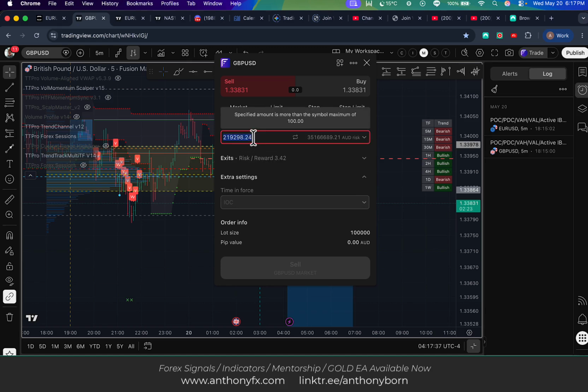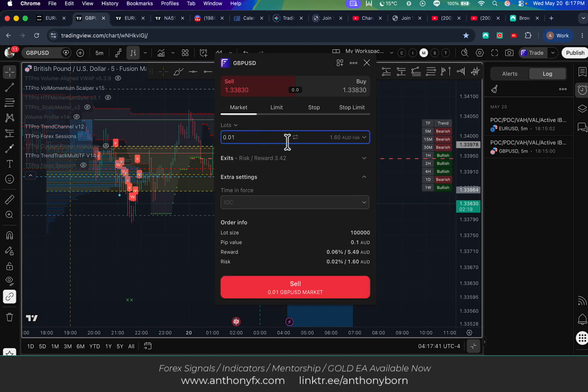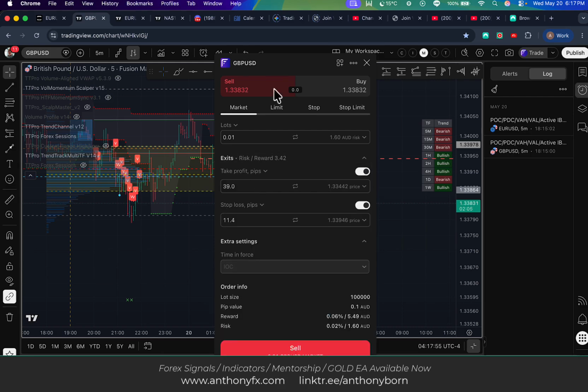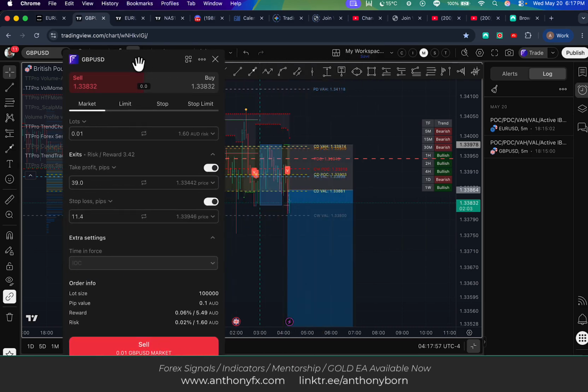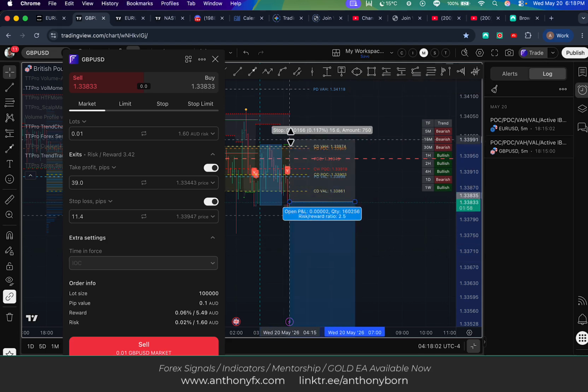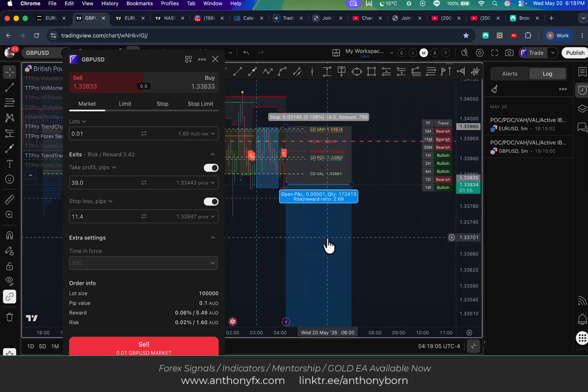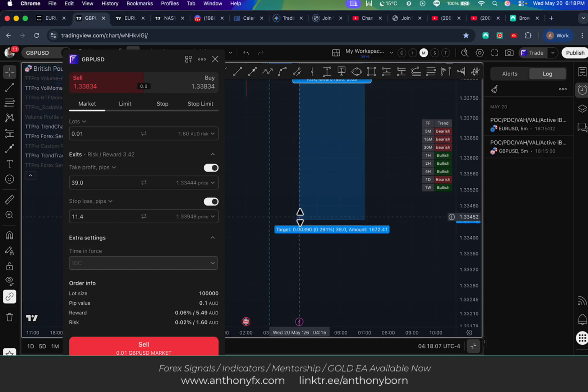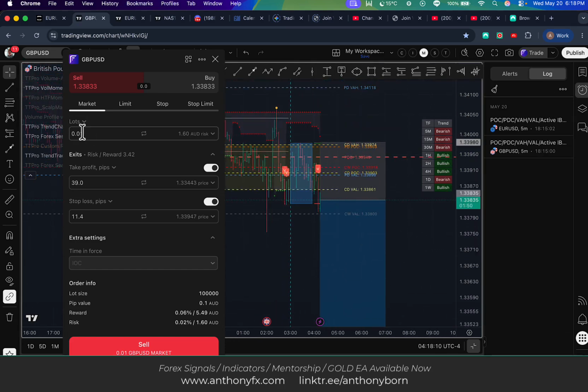Go with 0.01 lots, risk $1.60. It's peanuts, right? Just run that. I don't know what I've done here. I've messed up somewhere. Oh yeah, here we go. 0.01 lots. Oh, that's pulled right back. It's there. I'm going to go above there. Okay, I got a bit of a wide stop, but anyway, let's just run that and see what we get. 0.01, $1.60.